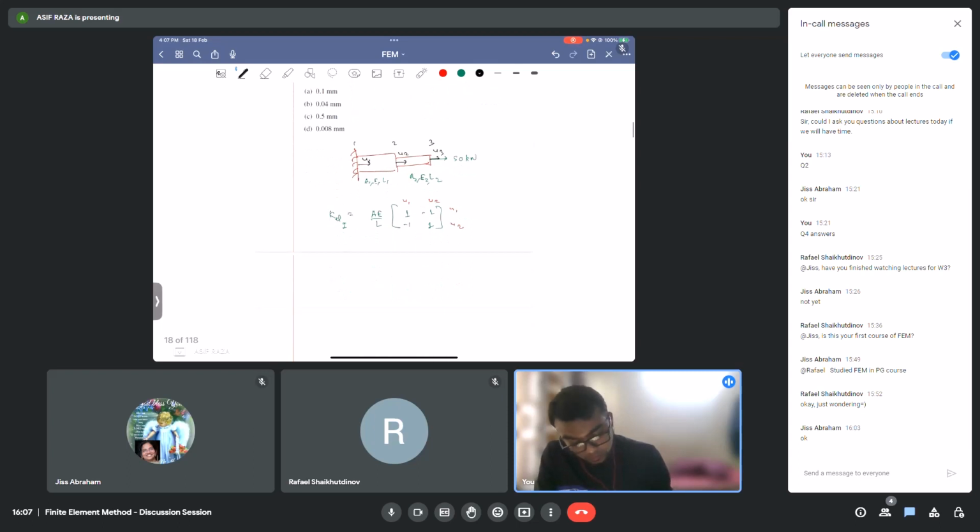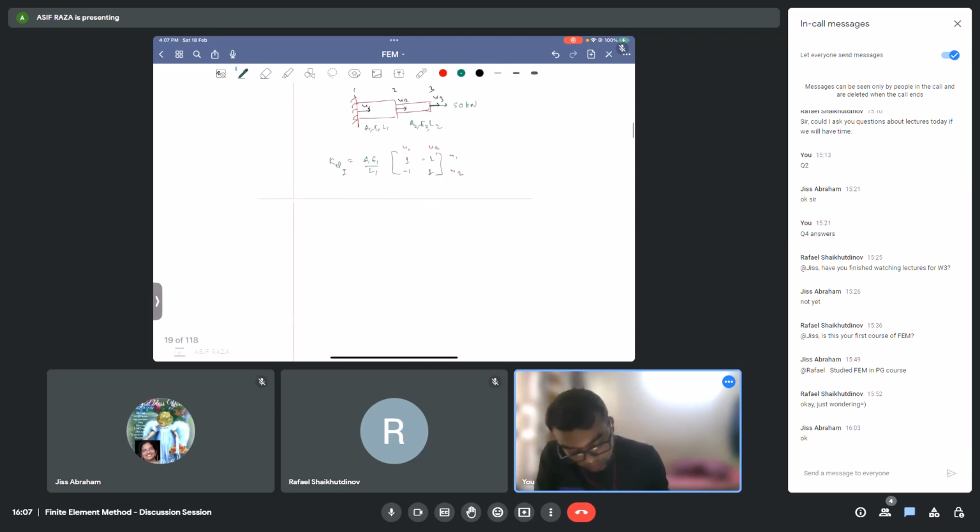For the first element, the element stiffness matrix will be A1 E1 upon L1 times [1 -1; -1 1], and for the second element we have the stiffness matrix A2 E2 upon L2 times [1 -1; -1 1], with respect to u2 and u3.